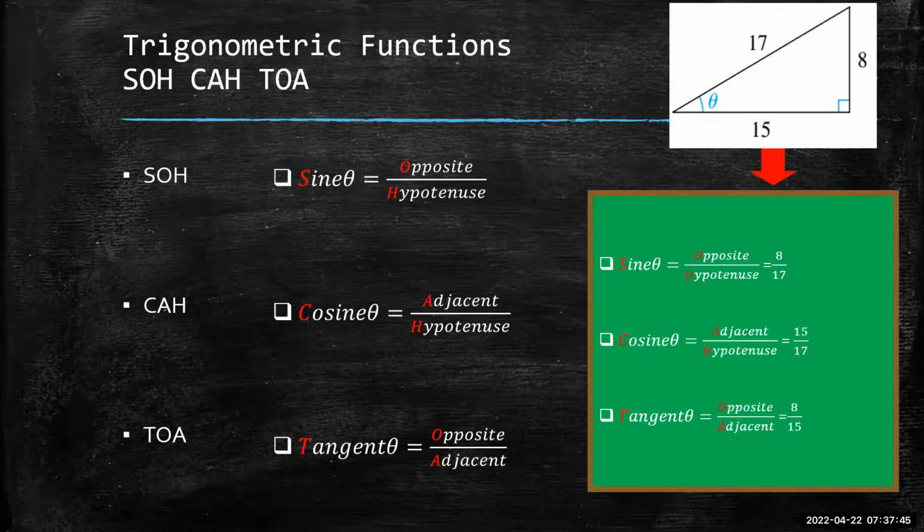So if you take a look at the right triangle that is here in the example, what is the hypotenuse? 8, 15, or 17? 17. 17, okay? So for that angle, what side is opposite?